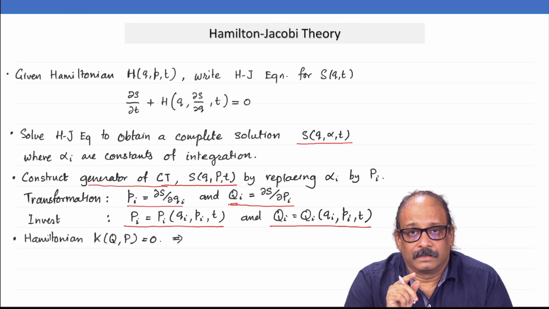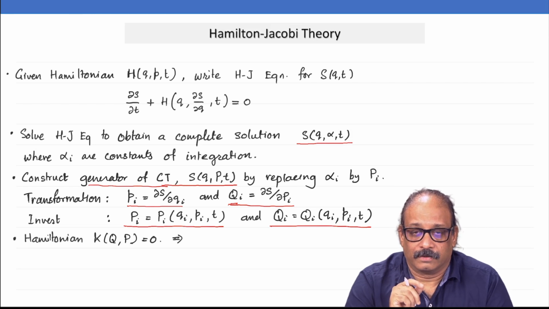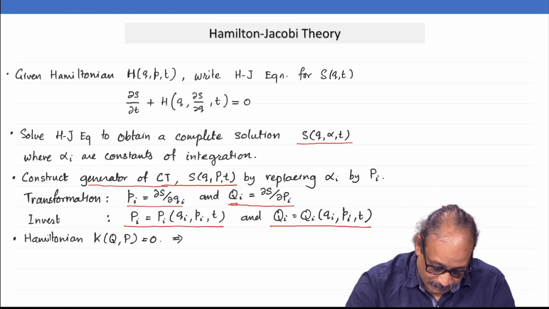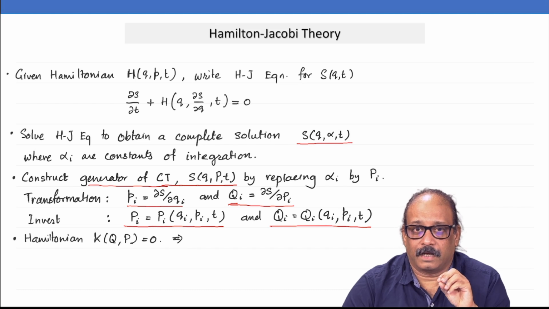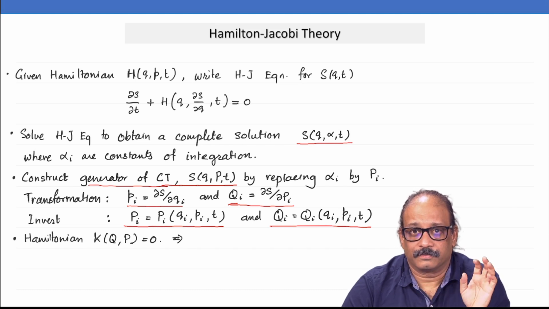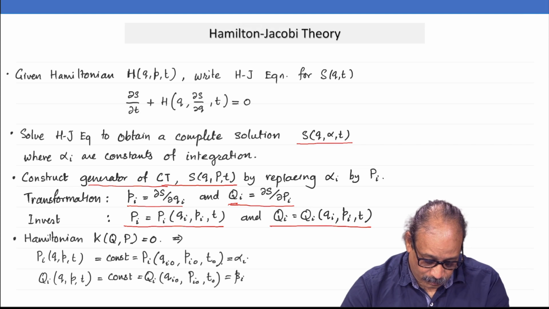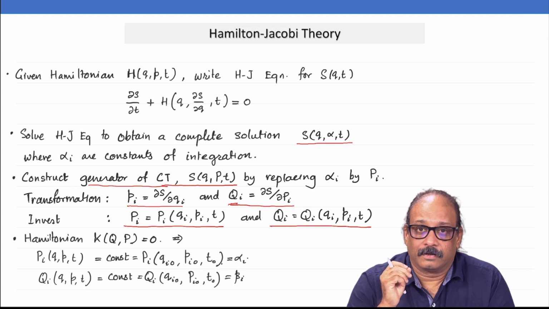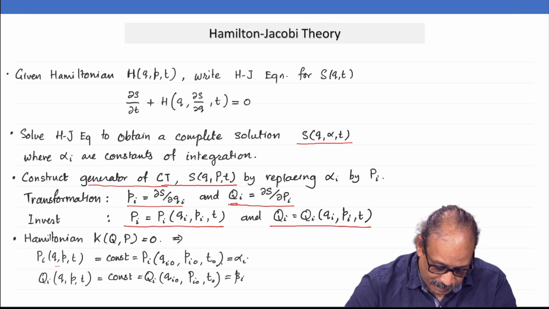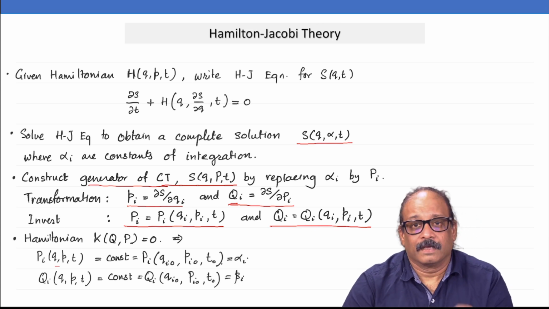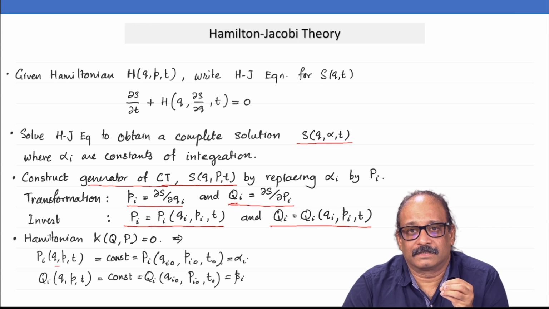The Hamiltonian now is 0, this we looked at in the last class. Once the Hamiltonian is 0, I know that all the momenta and coordinates are constants of motion. Okay. So, basically each capital P I, which is a function of q, p and t, must be constant, and what must be the value of that constant?